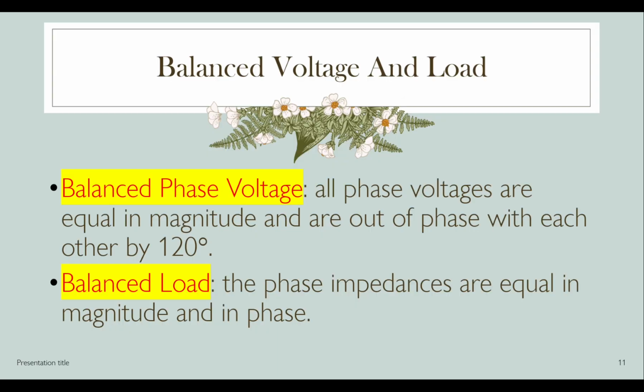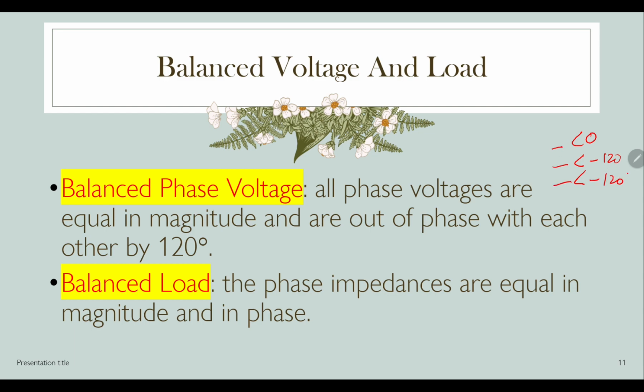So balanced voltage, phase voltage. Phase voltage usually refers to the source. All phase voltages are equal in magnitude and are out of phase with each other by 120 degrees. So you already know previously at the angle of 0, at the angle minus 120, at the angle of positive 120.